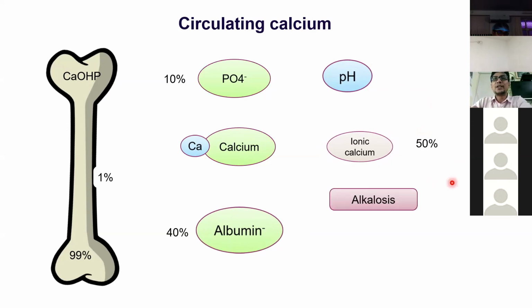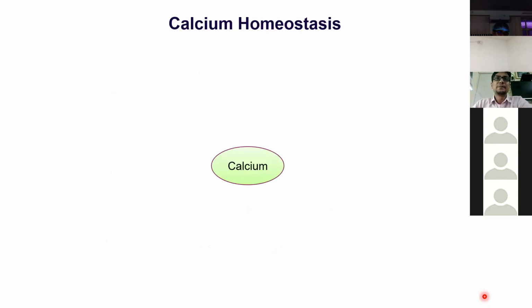So in conditions with alkalosis, like hyperventilation, or a patient with CKD where bicarbonate has been given, the overall ionic calcium level goes down and there is hypocalcemia.